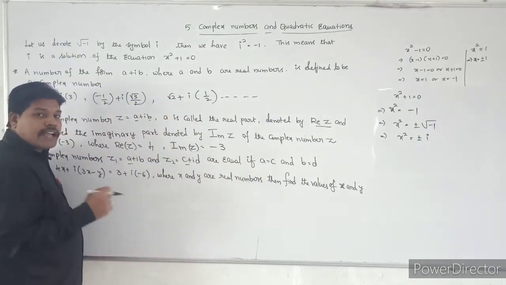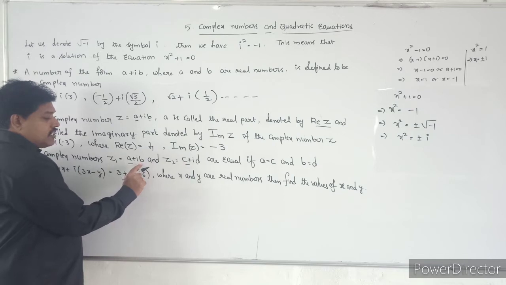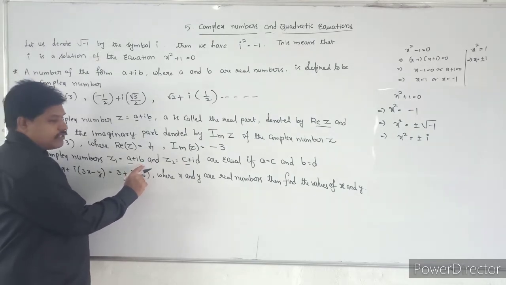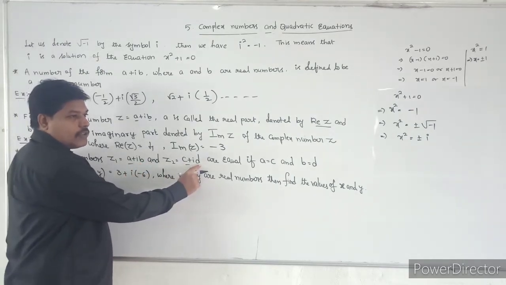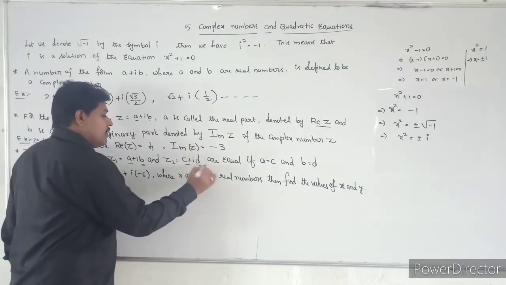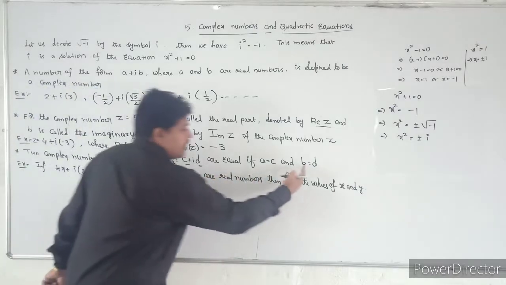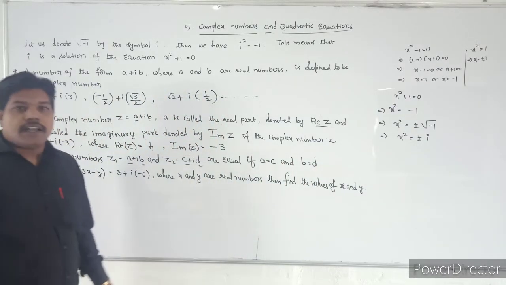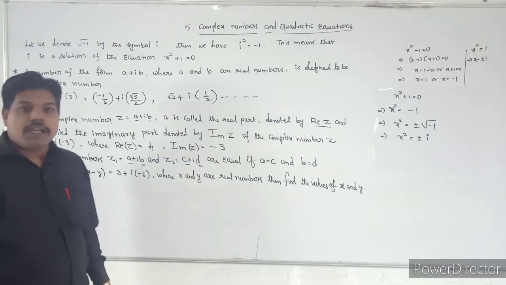And the imaginary part of the first is b and of the second is d, and these two are equal, that is b is equal to d. Then we can say that the two complex numbers are equal.